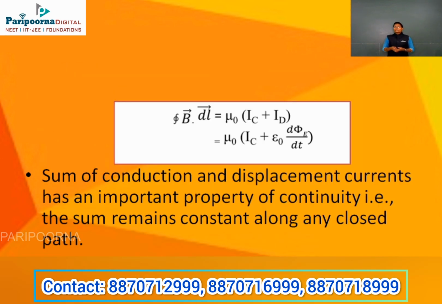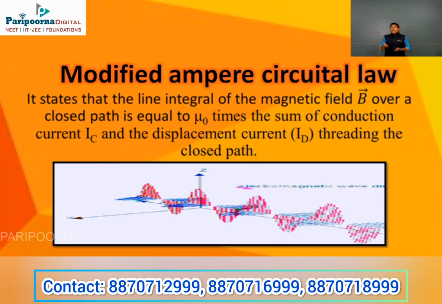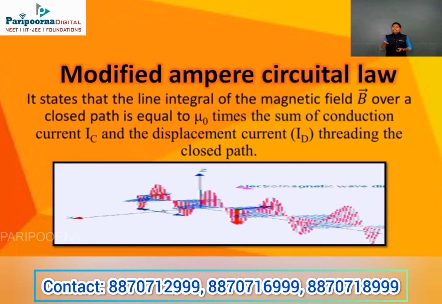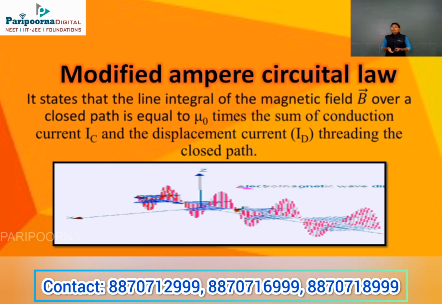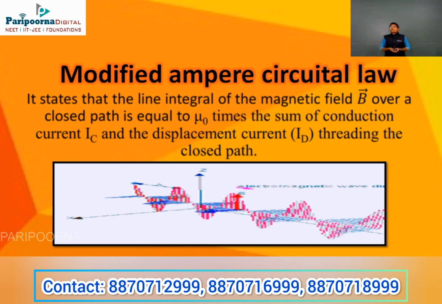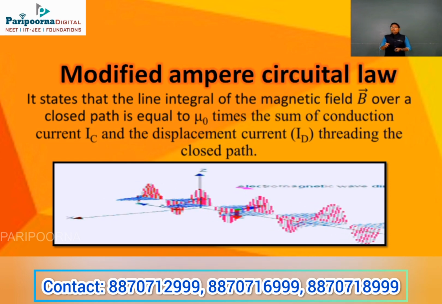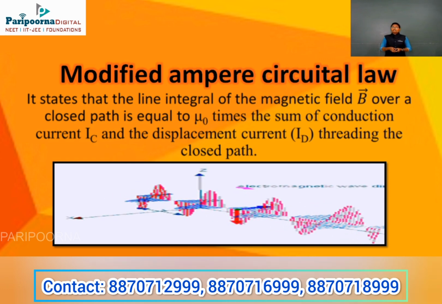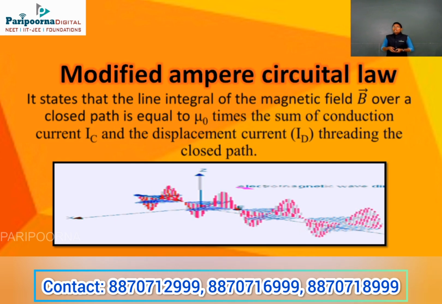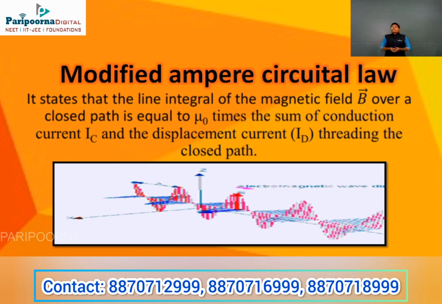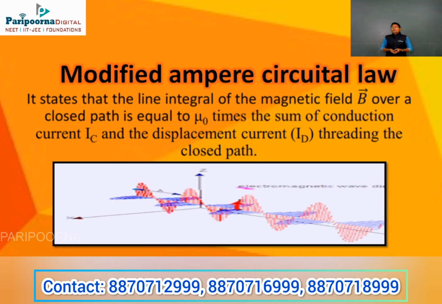That can be represented as the integral of B vector dot dl vector, which is equal to mu naught. The statement we have learned is here in the form of a formula: the line integral of the magnetic field B over a closed path, which is why we use that symbol for the closed path integral, equals mu naught times the sum of the conduction current IC and the displacement current ID.